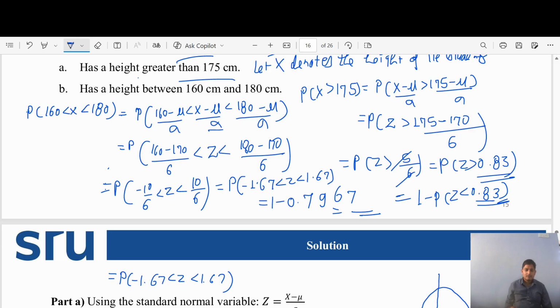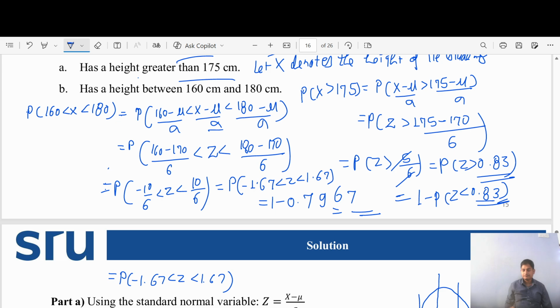Here Z is equal to 0, here Z is equal to 1, here Z is equal to 2, here Z is equal to 3, and here Z is equal to -1, Z is equal to -2, and so on.